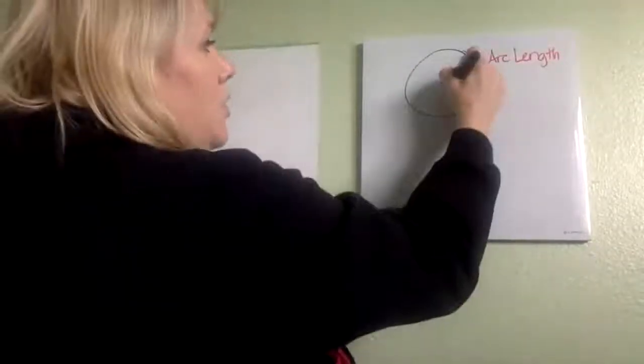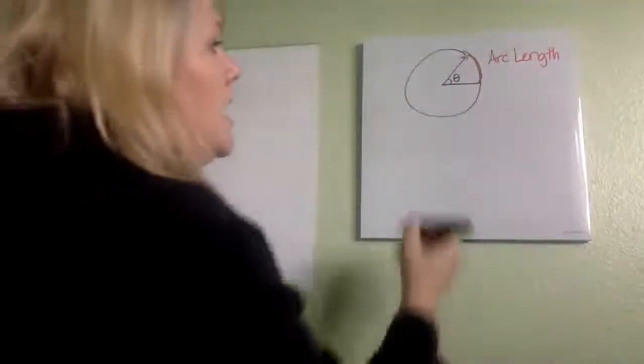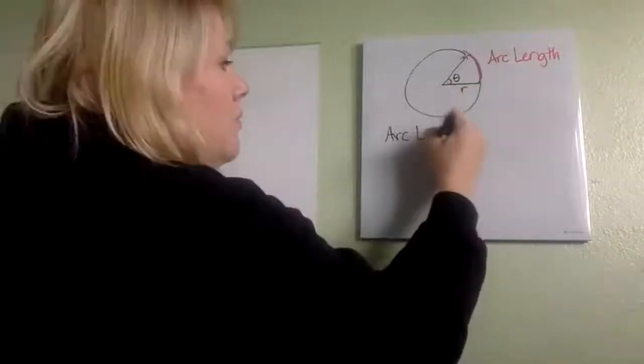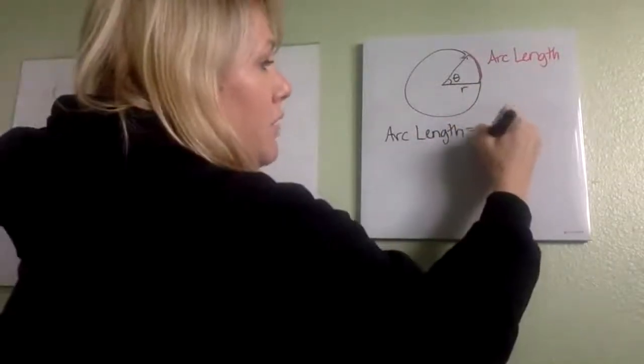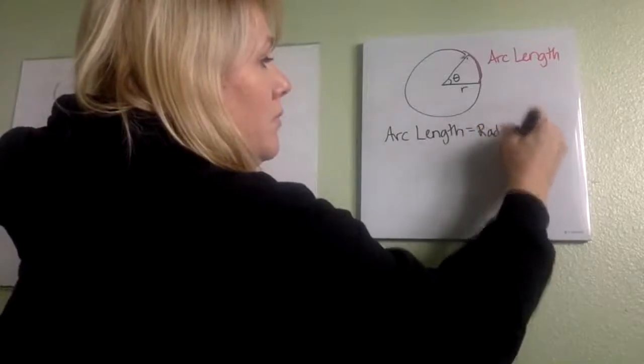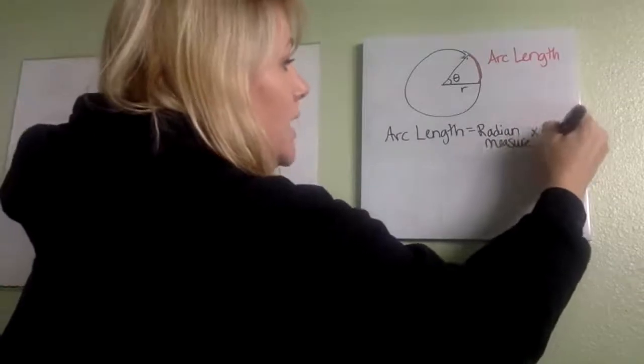This in here is called the internal angle. I'm going to use a little theta symbol to represent the angle, and then the radius of this. You're going to multiply the radian measure of the angle times the radius of the circle.